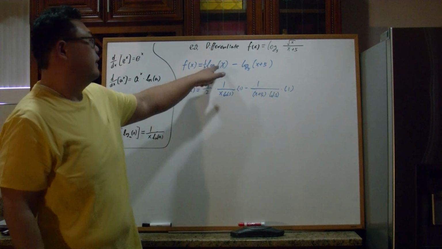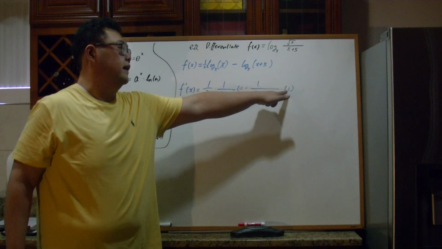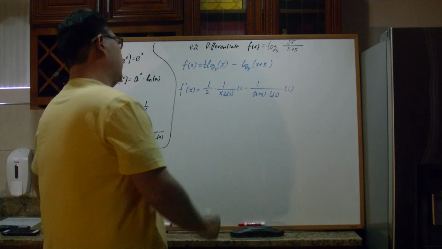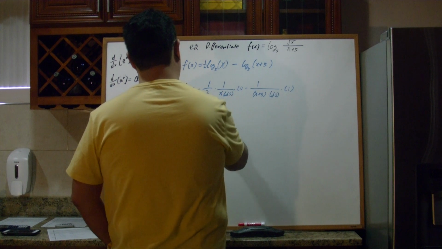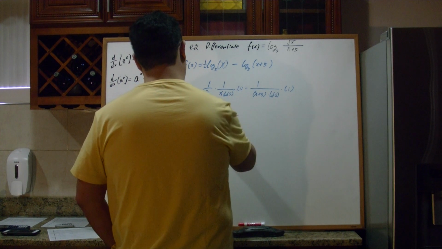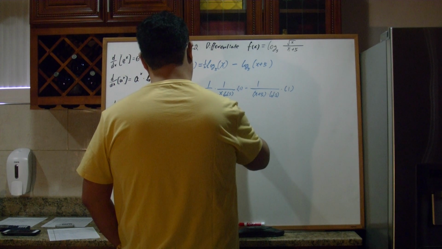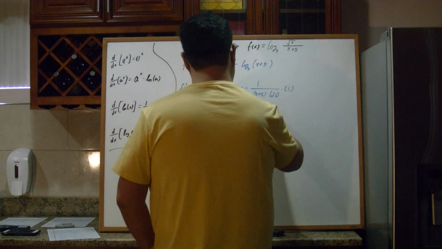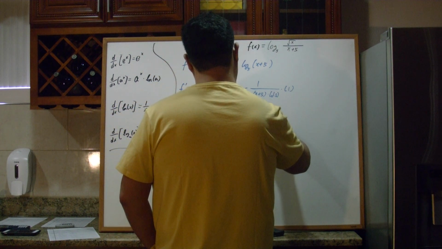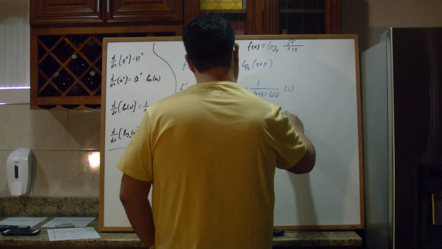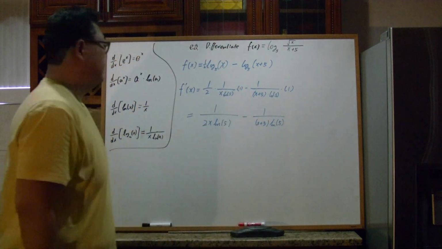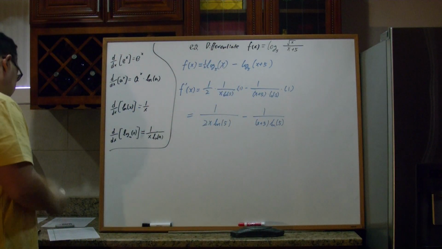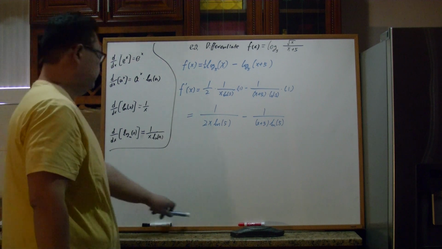The derivative of x is 1, the derivative of x plus 5 is also 1. And then to combine them together, that's 1 over 2x natural log 5 minus 1 over x plus 5 ln 5. To write this expression is good enough.